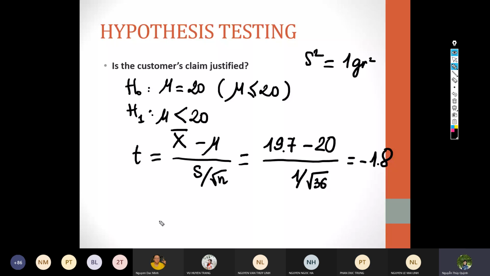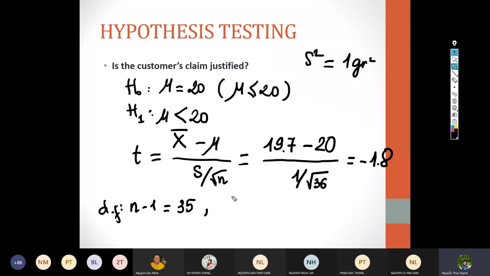We will calculate the p-value. How can you calculate the p-value of t? We will calculate the degrees of freedom, n minus 1, which is 35, right?